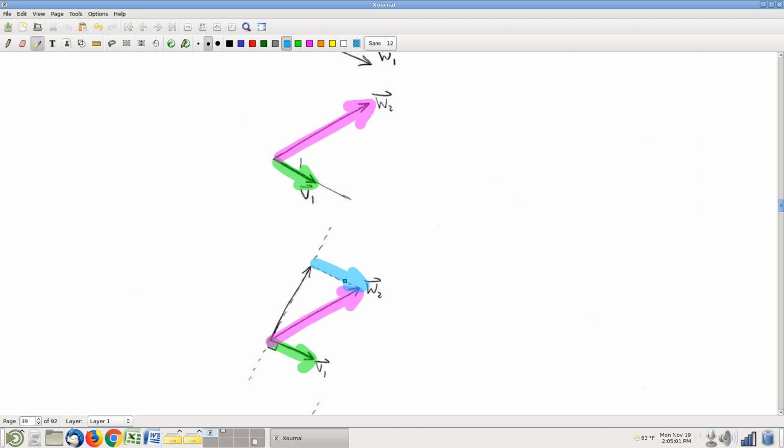We'll subtract purple minus blue, and the result has no component in the V1 direction, because I threw away the component in the green direction, the V1 direction. So if you identify the V1 component and toss it, what results has no V1 component and therefore is orthogonal. That's the big idea.